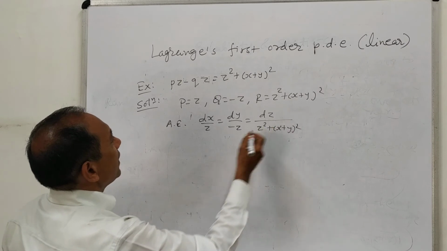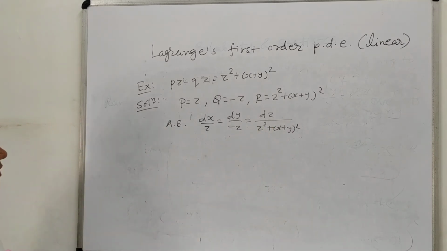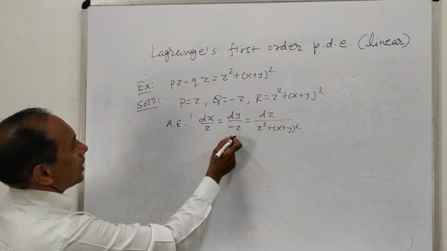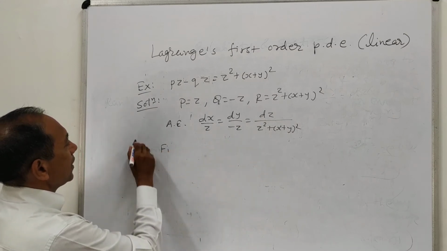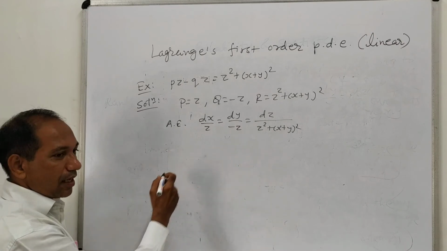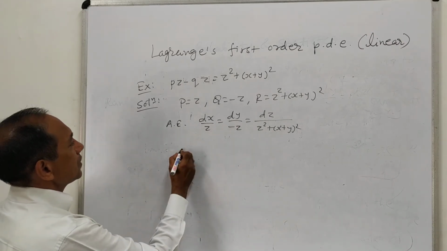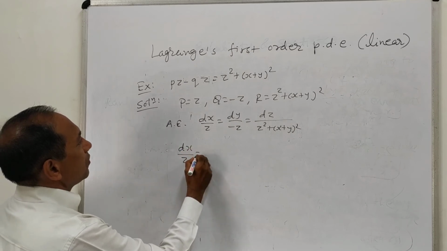Now I will identify the pair which can be taken easily and integrated easily. Here it is easy to see that we can take the first two equations. Taking the first two equations, we have dx upon z equal to dy upon minus z.